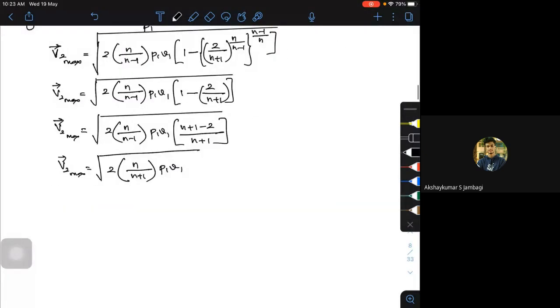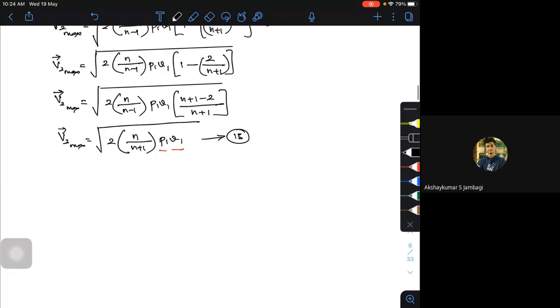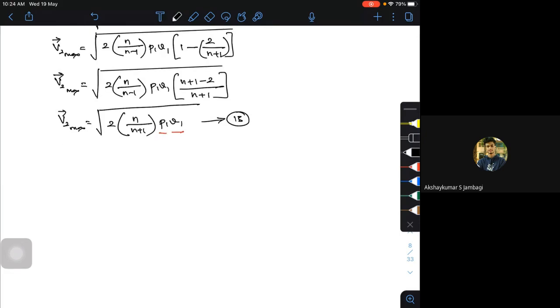So this is equation number 13, which gives the maximum velocity. Look at this: here also the maximum velocity depends on the initial pressure P1 and the specific volume, that is, the initial conditions. So let me write that.